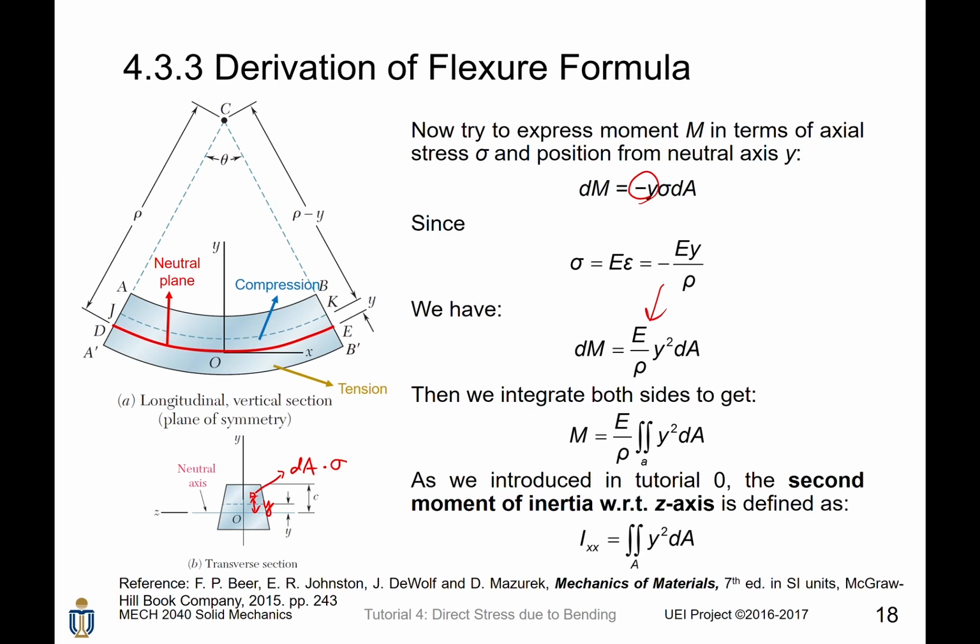However, in the later examples of this tutorial, I will write it as I_xx because it is rather convenient to set this axis to be x, then we set the longitudinal direction to be the z-axis. So bear that in mind. Although here we say it is the second moment of area about the z-axis, later when I deal with the problems, I will adopt this axis to be x.